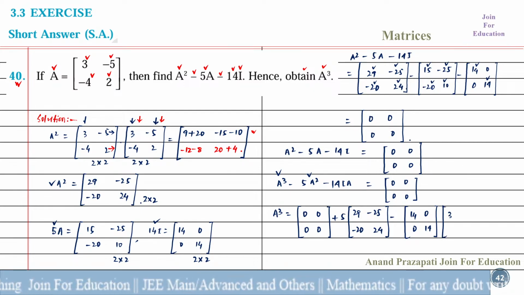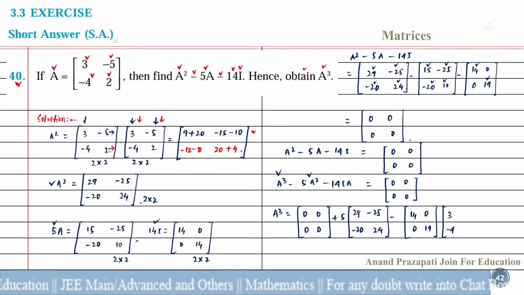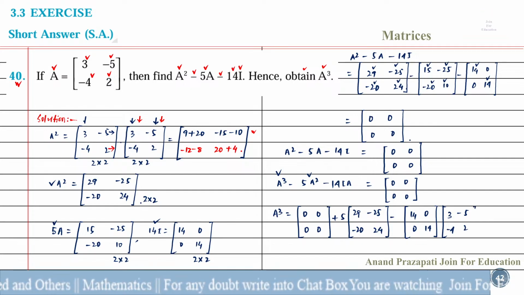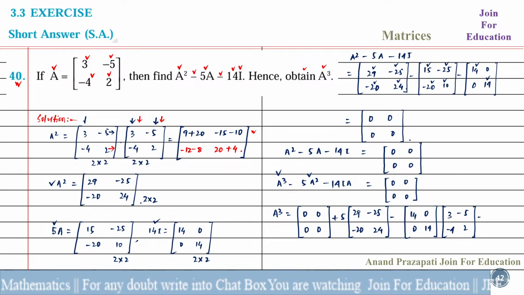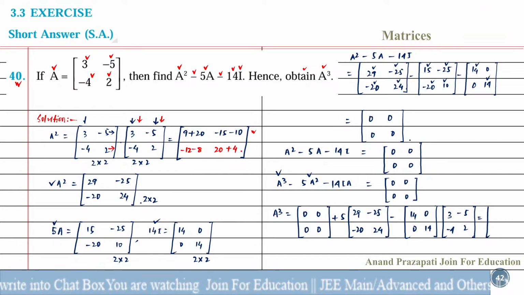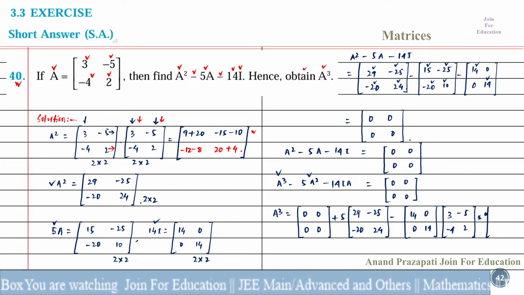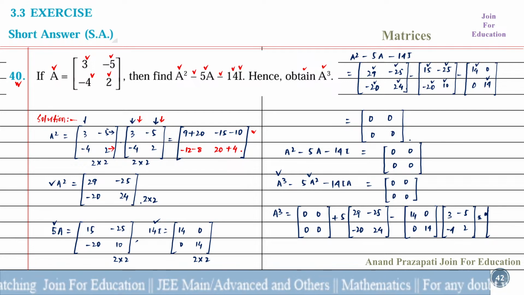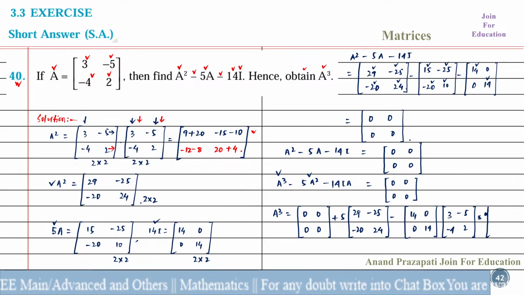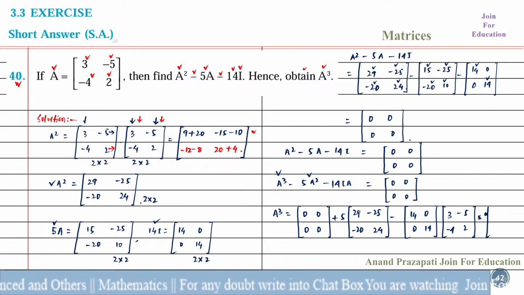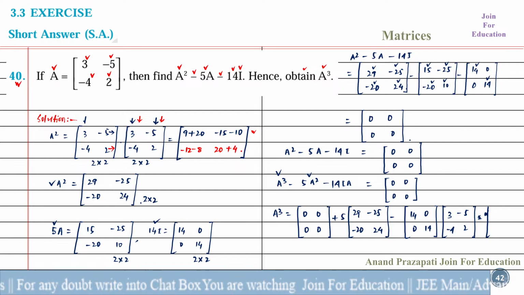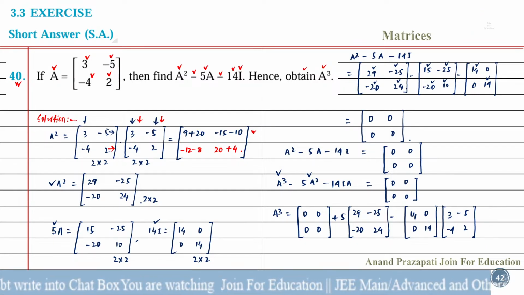3 minus 4 minus 5 and 2 equal to, and here will be, after the simple calculation we get the answer of a cube.